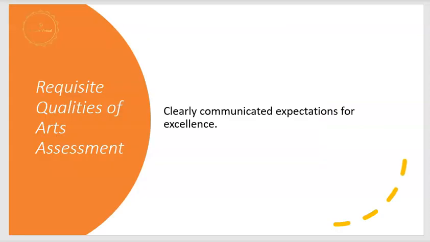So let's just go through some requisite qualities of arts assessment in general, and these apply to whether you're having arts assessment in class, whether you're trying to do it hybrid, whether you're trying to do it online. They're very consistent. So always clearly communicated expectations for excellence, that you expect excellence and that these expectations are communicated clearly is a requisite quality of arts assessment.